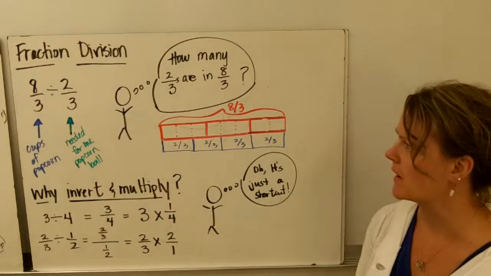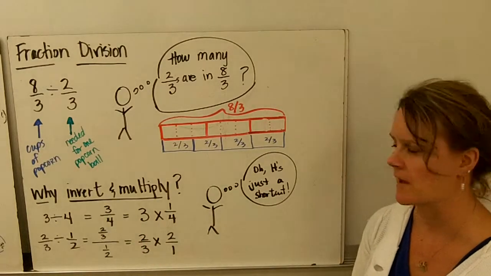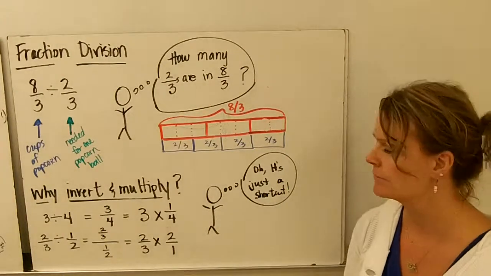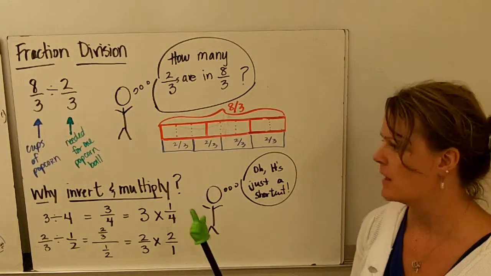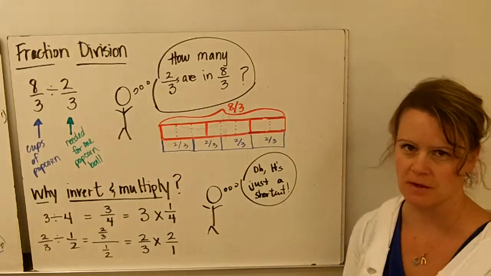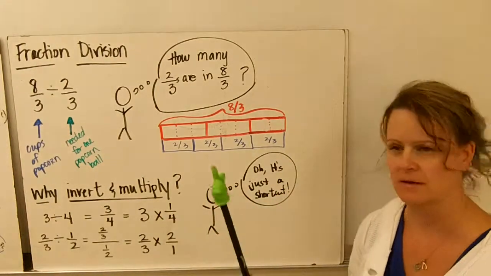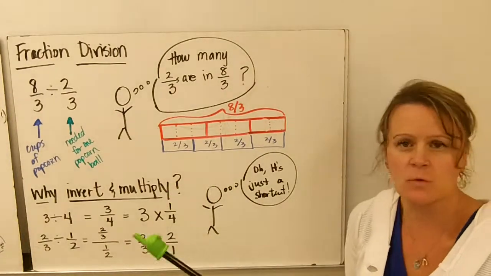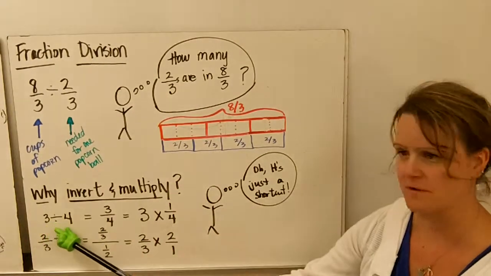So now let's just talk about why do we invert and multiply. The thing that's interesting about the invert and multiply algorithm, that rule we learned, and I remember learning it in school as a rule that applies to division of fractions. But really it doesn't. It applies to division. That's what we do when we divide. For example, look at this one, 3 divided by 4.